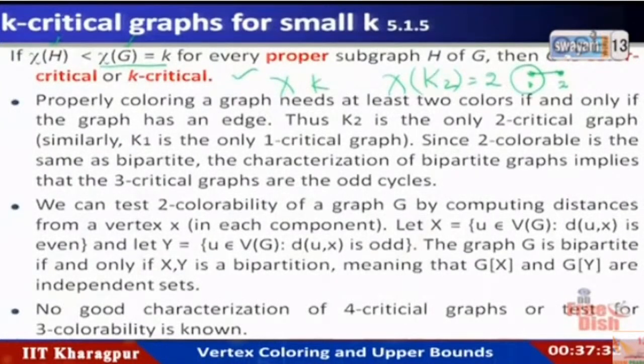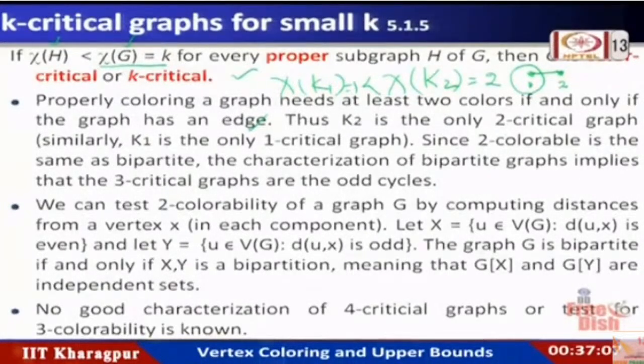So the chromatic number of K1 is 1, and that is less than that of K2. So proper coloring needs at least 2 colors if and only if the graph has an edge. Thus K2 is the only 2 critical graph here. Similarly K1 is the only 1 critical graph.